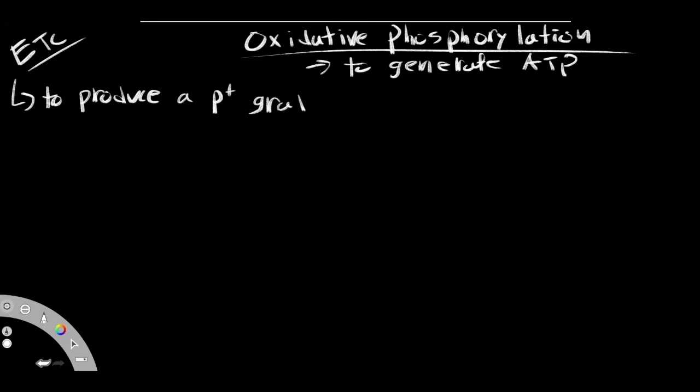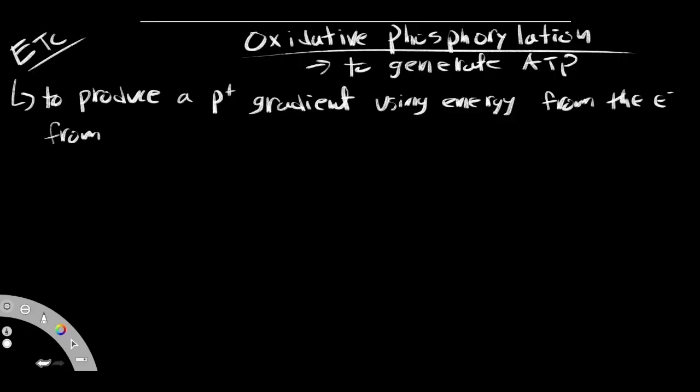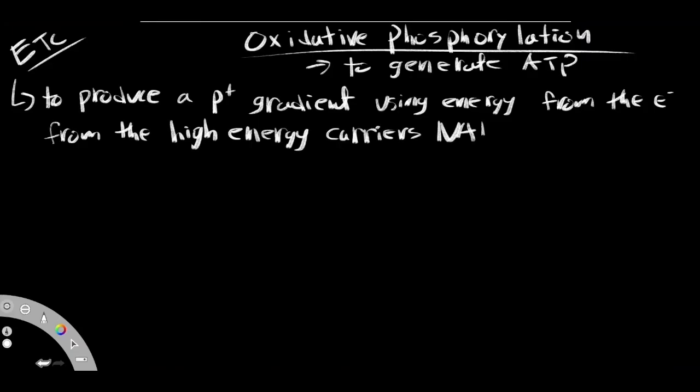This is for a proton gradient using energy from the electrons, from the high energy carriers, NADH and FADH2. And we're going to see that the protons are going to be in the form of H pluses, because technically it is a proton, if you remember from chemistry.